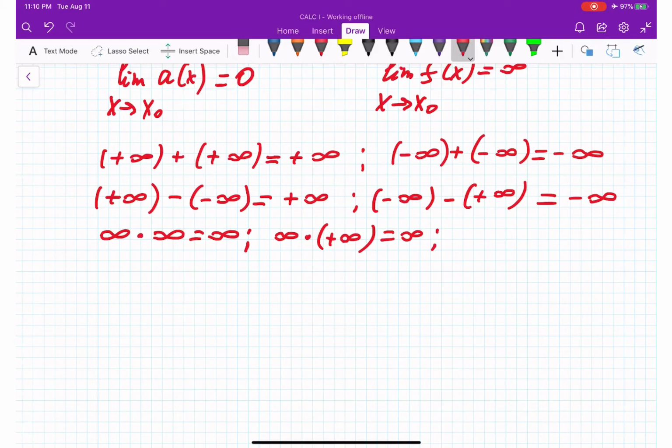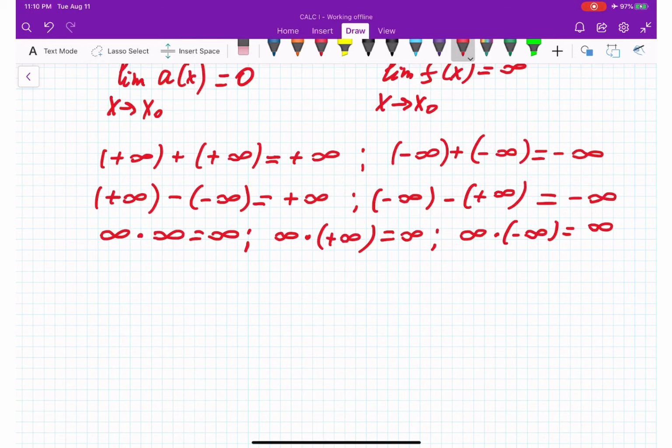And third, infinity times negative infinity is going to give us infinity. So infinity is bigger than positive infinity or negative infinity. It's going to absorb positive infinity and negative infinity.